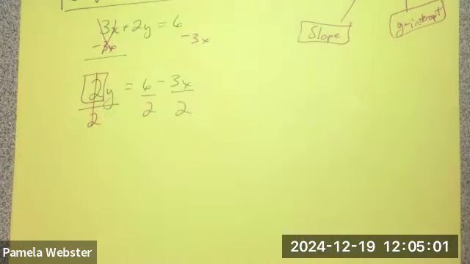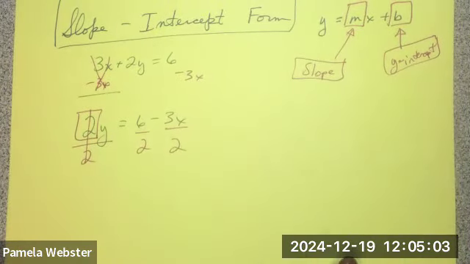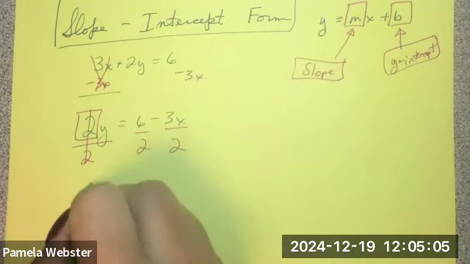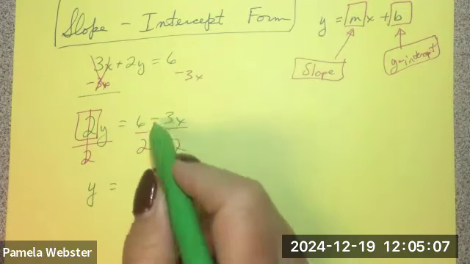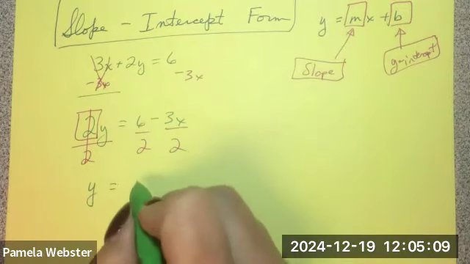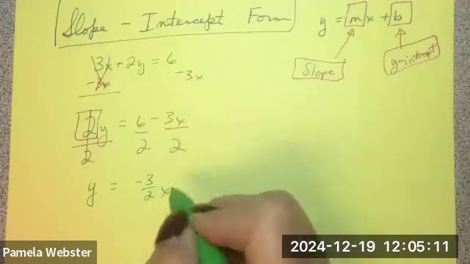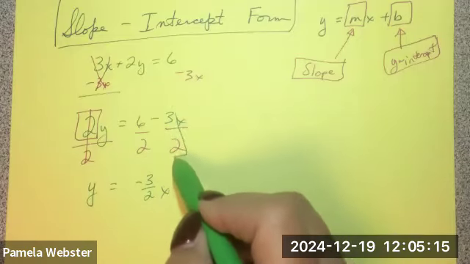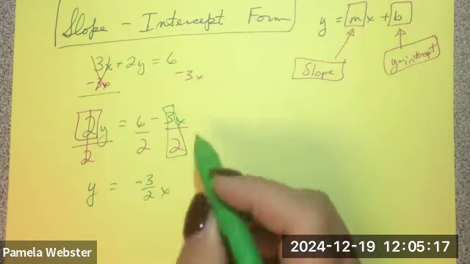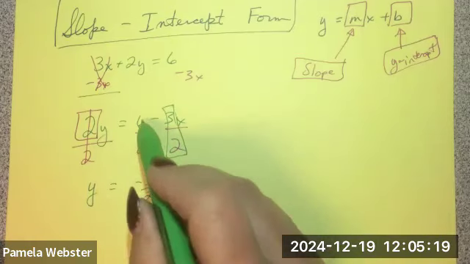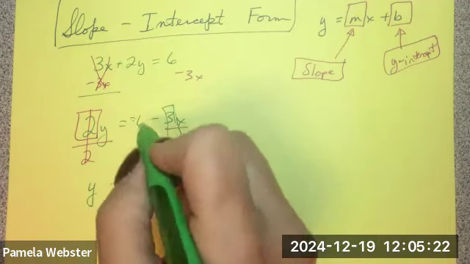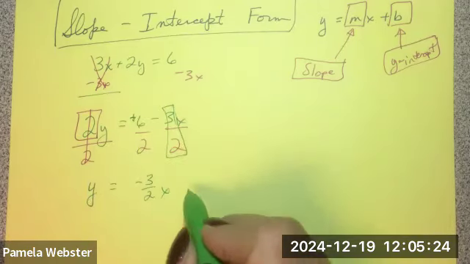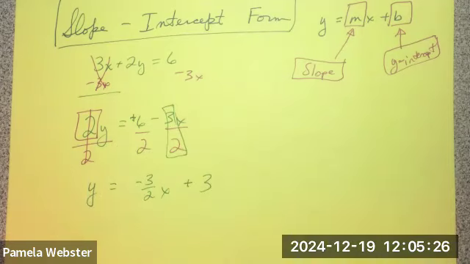This guy goes away. y equals, I'm going to rearrange this so the x is in front, negative 3 halves x. Okay, so remember that your coefficient can all be in the front. It doesn't have to be written as a fraction. And then this is a positive 6 over 2, so plus 3.